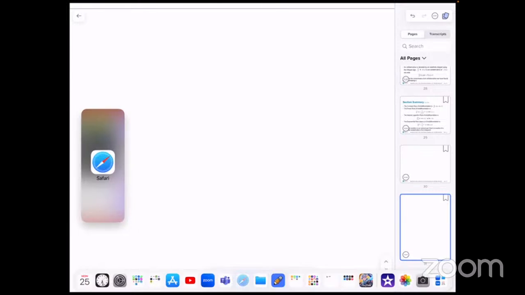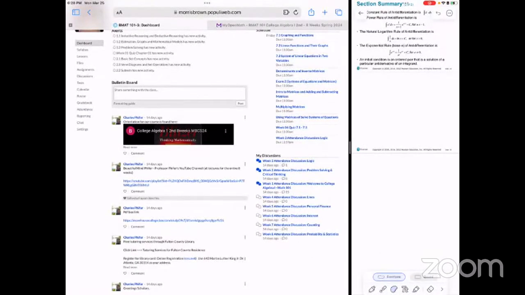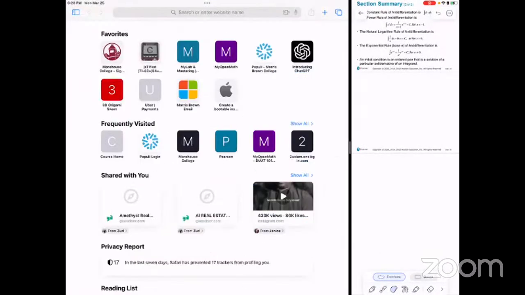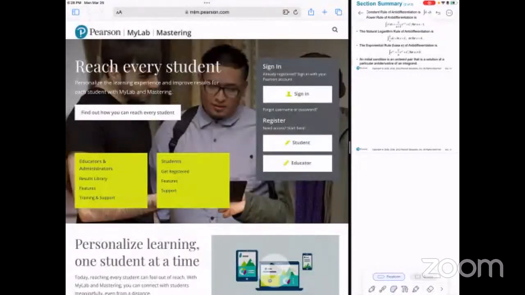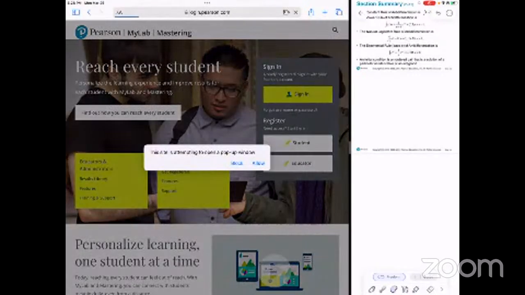Kind of minimize. Come on. Full tabs is fine. My math lab is here. Allow. Sign in. Allow. Okay.